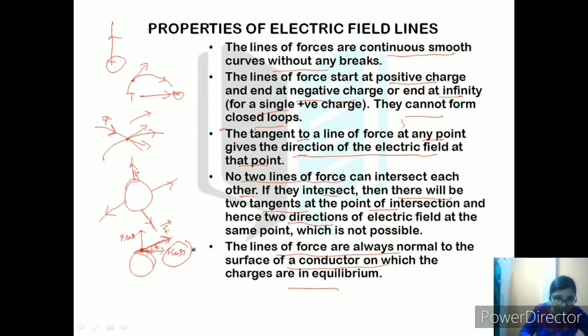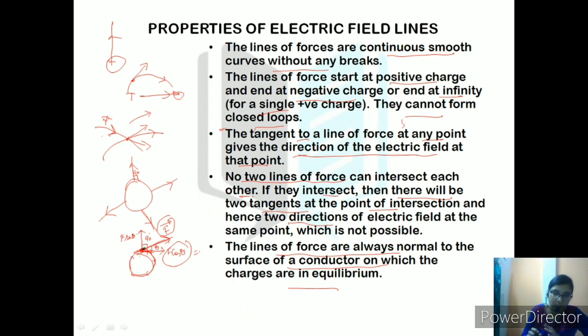That means this part is zero. So from here we can conclude that this force cannot act at any angle, but acts at 90 degrees. It doesn't have any parallel component. If it had a parallel component, there would be some surface current produced in the conductor without any source.